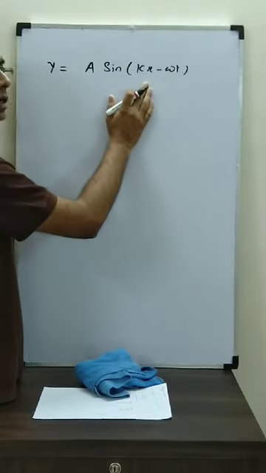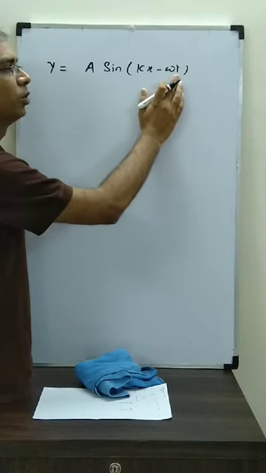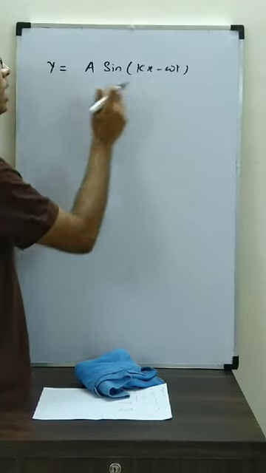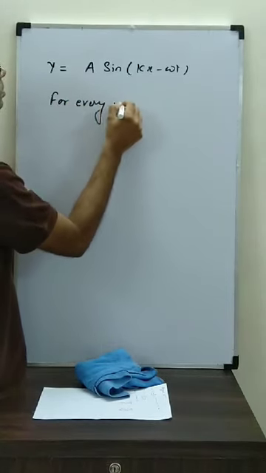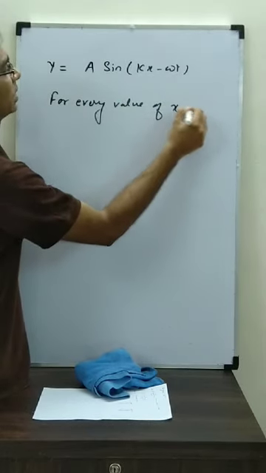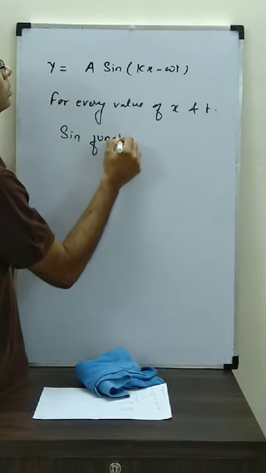Everywhere sine is defined. In the same way, whatever value of time I keep, whether I keep 0 or infinity, for every value of x and t, the sine function is defined.